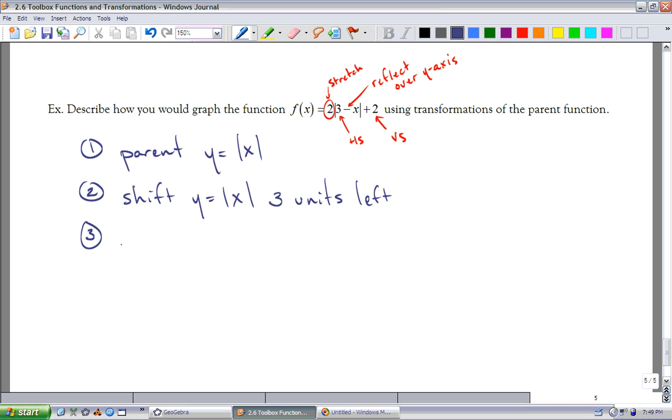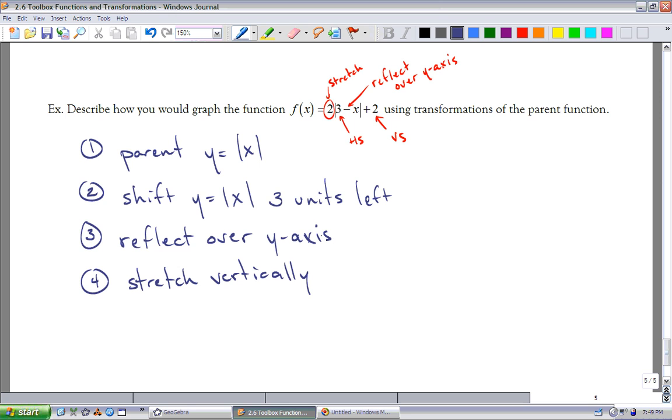Then we would reflect over the y-axis, okay, because that's our reflection. Fourth, we would stretch, right, vertically, by a factor of 2, according to the steps.